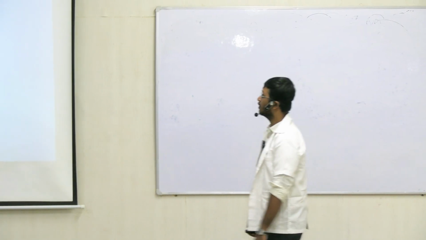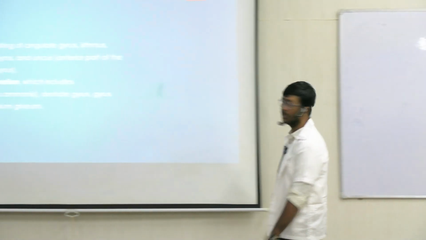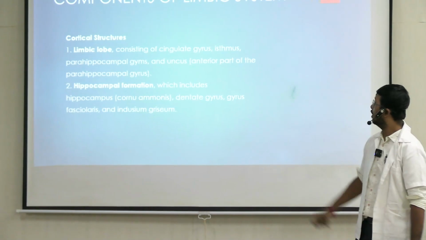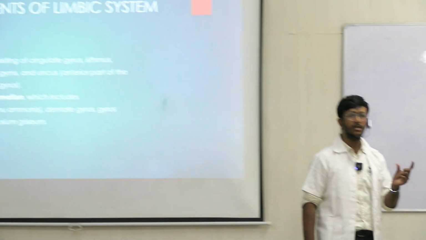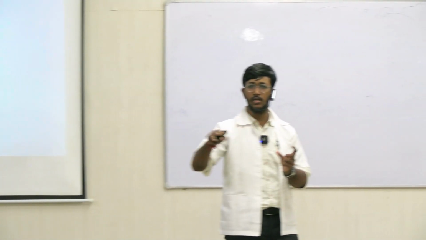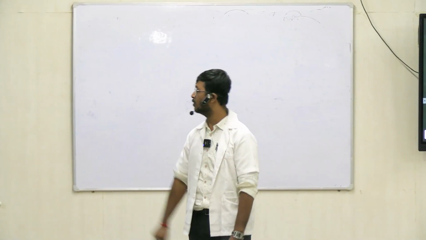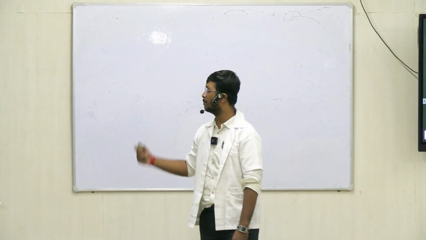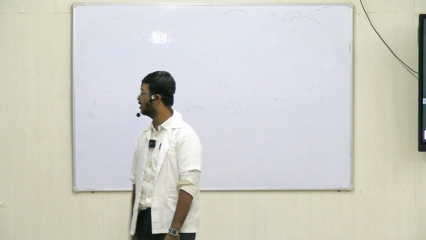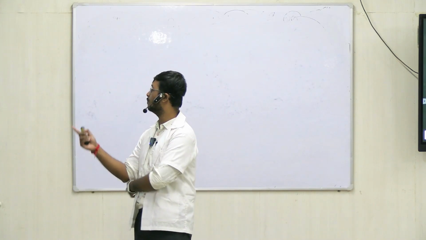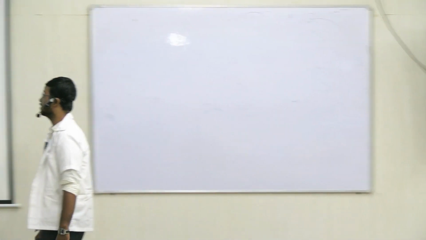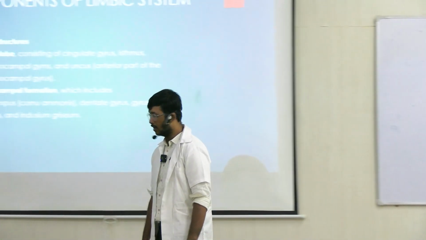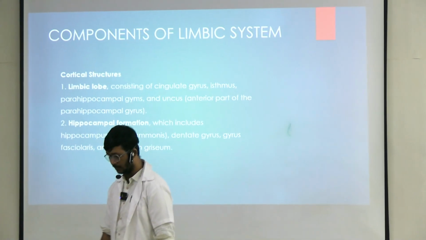Now there are certain components of the limbic system, just go through them once. Cortical structures. So what do you mean by cortical structures? It is present in the cortex. Okay, so limbic lobe is present in the cortex, hippocampal formation is present in the cortex. This limbic lobe consists of various other structures such as your cingulate gyrus, isthmus, parahippocampal gyrus and your uncus.